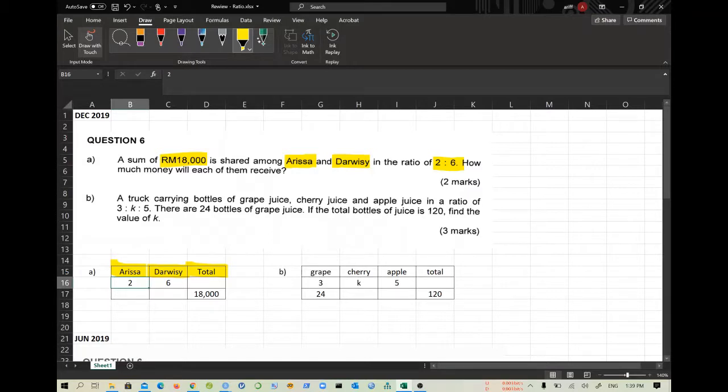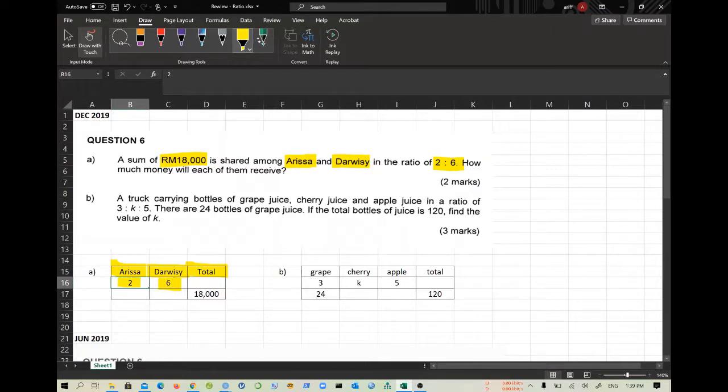The next thing is to identify the other given information respective to the columns we have just drawn. The ratio between Arisa and Darwish is 2 and 6, so you have 2 over here and 6 over here.